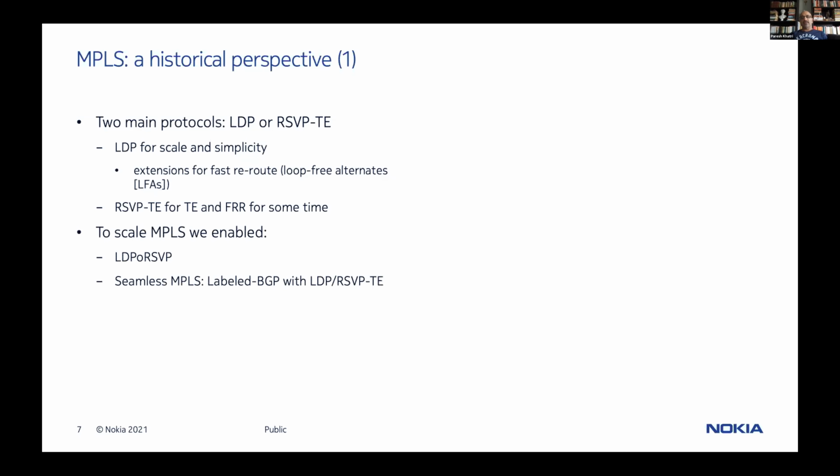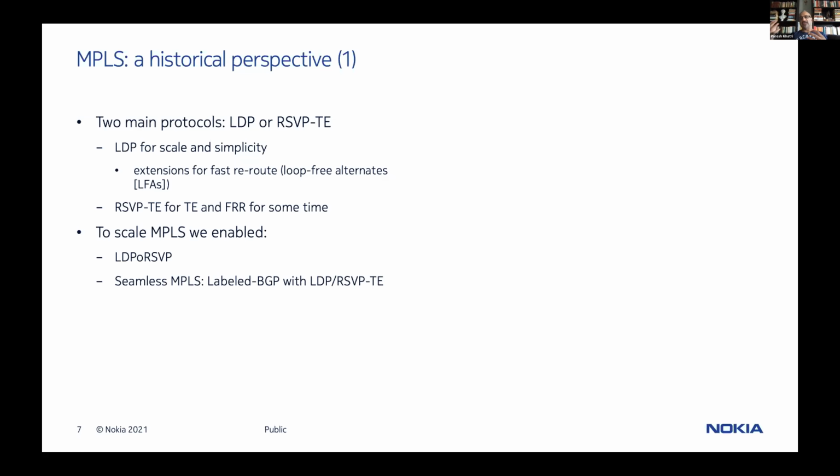So what we've done is, to scale networks, we've combined the two. We've done hierarchy, as we typically do on IP routing networks and architectures. We've done things like tunnel LDP over RSVP-TE, so we get the best of both worlds.